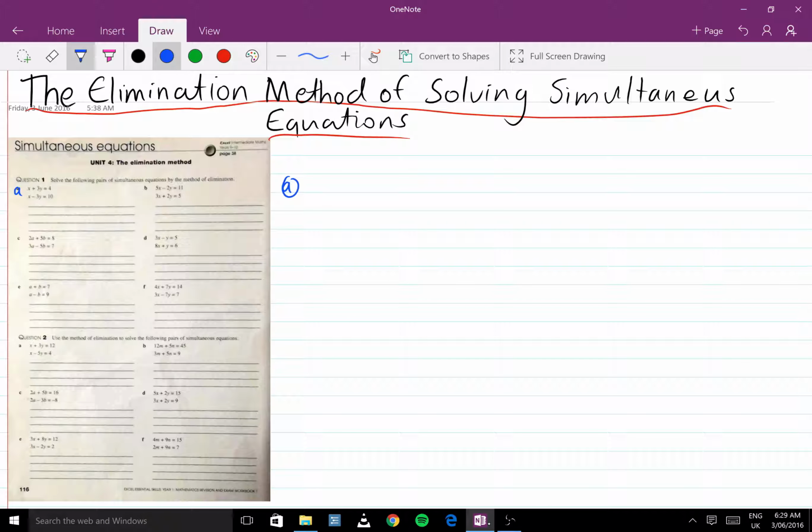For question A, you've got x plus 3y equals 4, and x minus 3y equals 10.